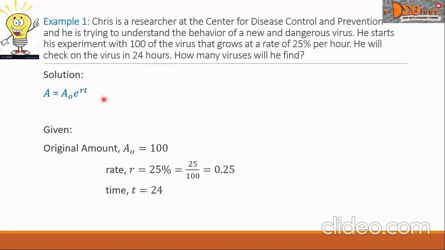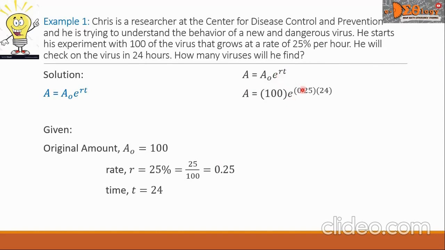Using our formula here, let us do the substitution. So our A equals A sub O times E raised to the product RT. A sub O is now substituted by 100. E is a constant.